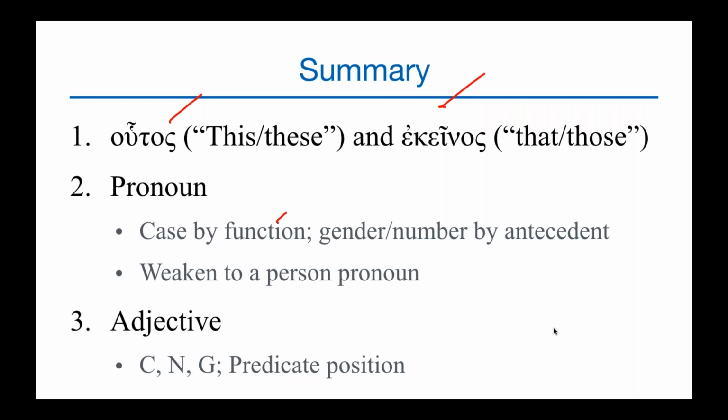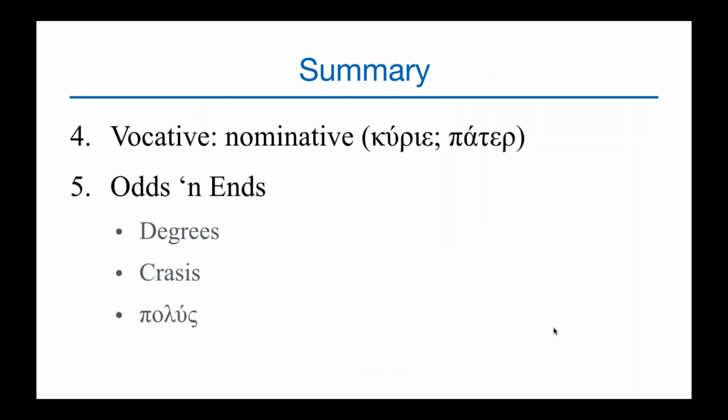Whenever it's in an adjective, case, number, gender, and in the predicate position. So the vocative is basically the nominative with the exception of that nominative singular masculine has an epsilon at the end. And we talked about degrees, crasis, and polus.